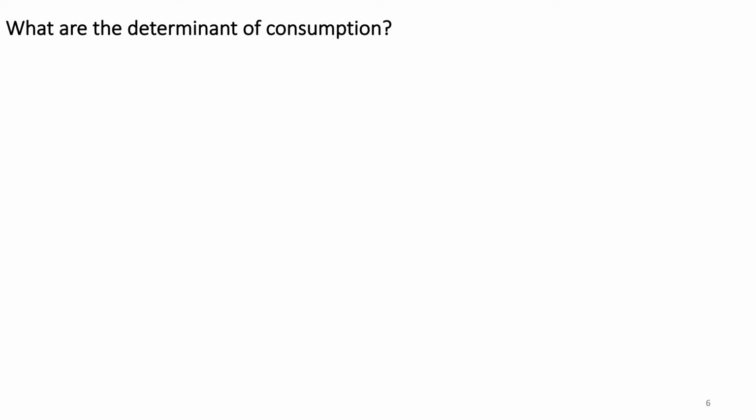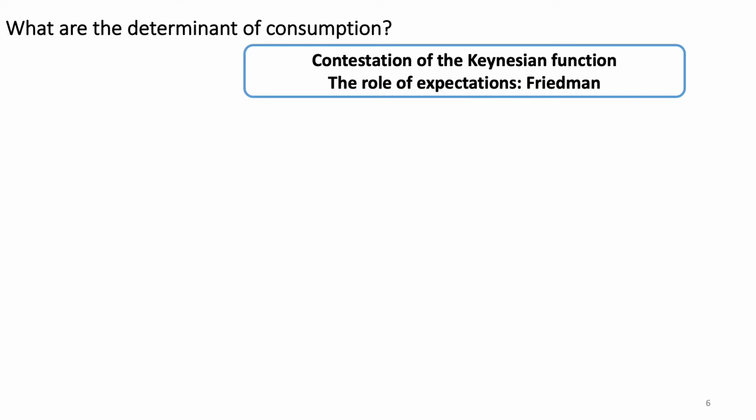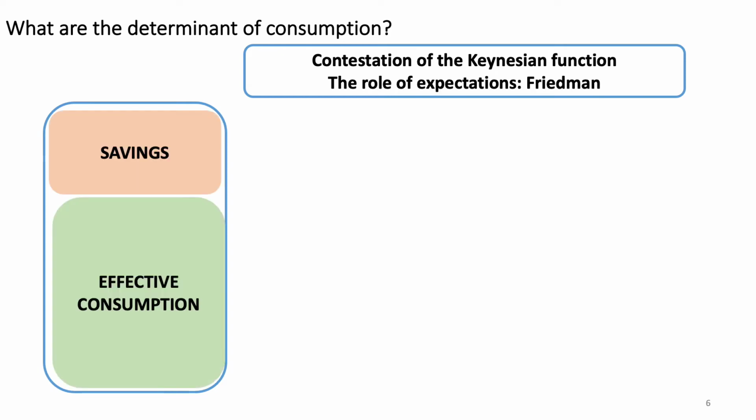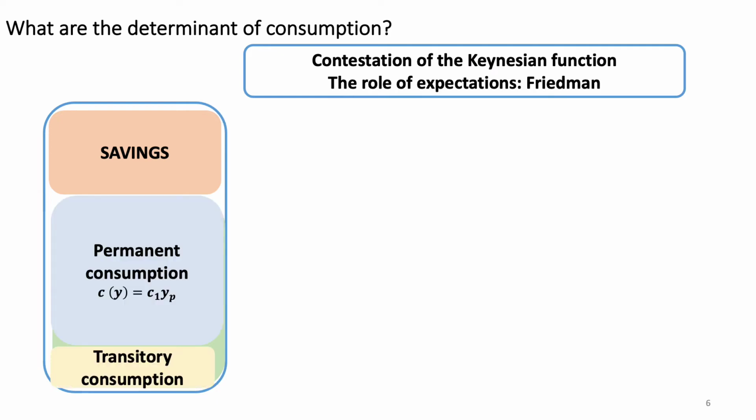To explain these differences between short term and long term, several theories were put forward based on the key role of expectations. According to Friedman, economic agents not only use their current income to determine their effective consumption. He claims that effective consumption can be divided into two categories: permanent consumption and transitory consumption.